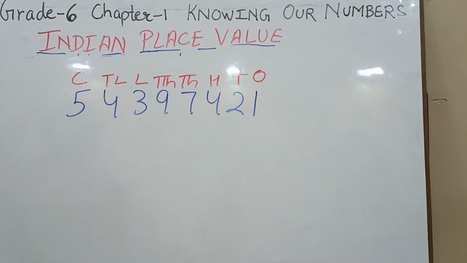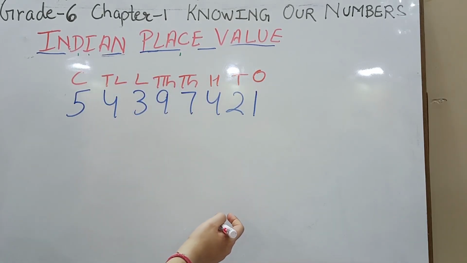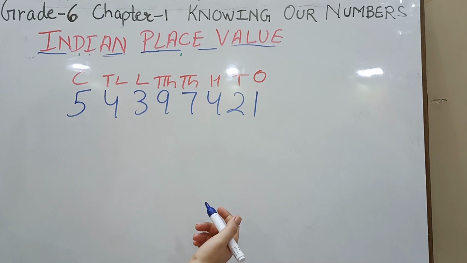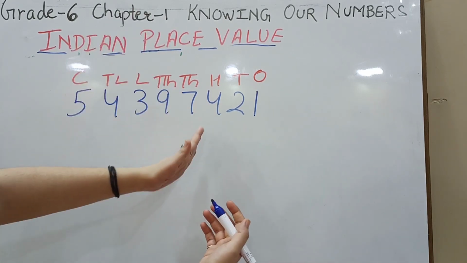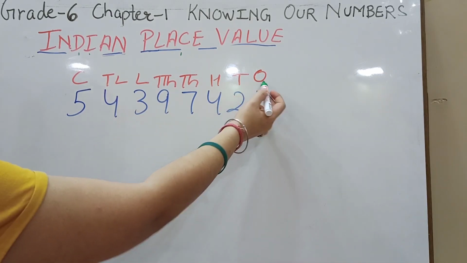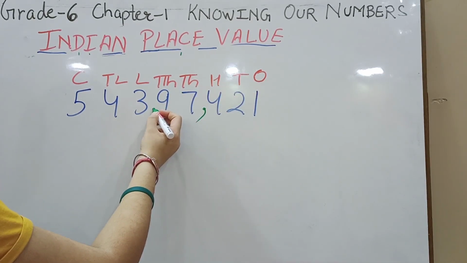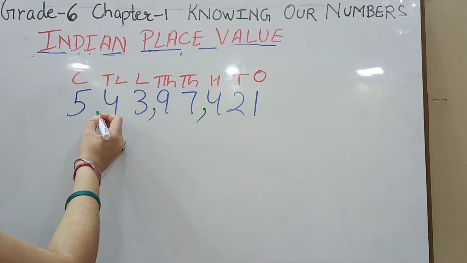Now once you have specified the place values, then you have to check whether you have put the commas or not. The next step is to put commas according to the periods. Once we put commas, let's see: ones, tens, 100, comma, 1,000, 10,000, comma, lakh, 10 lakh, comma.